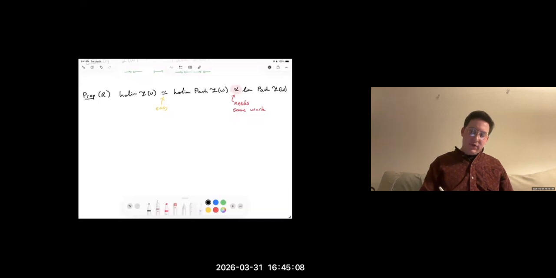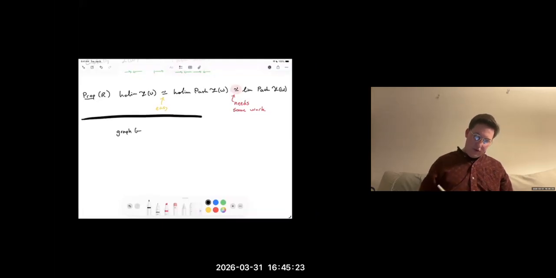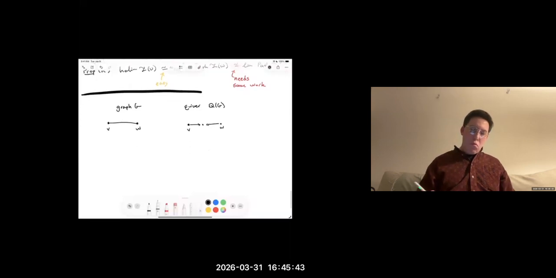What really happened in the passage from L of W to path L of W was really, we started with, say, a graph G. And at every edge of G, we replaced it by a quiver Q of G, right?